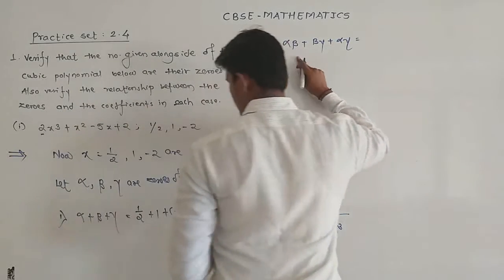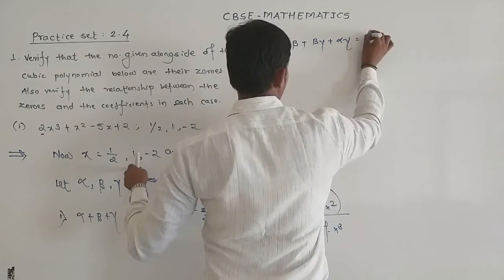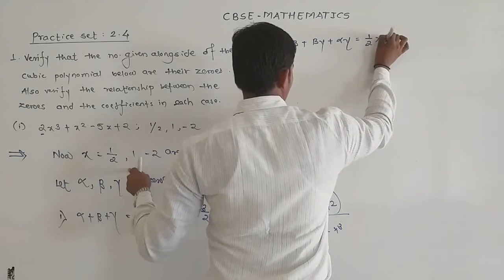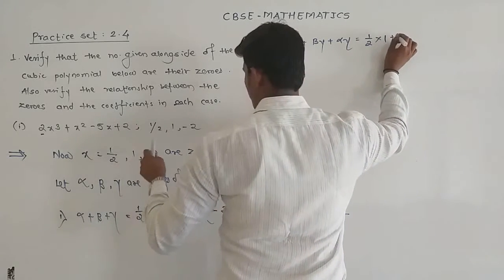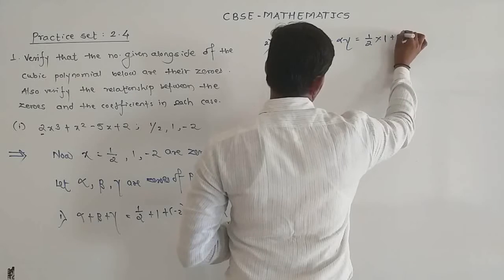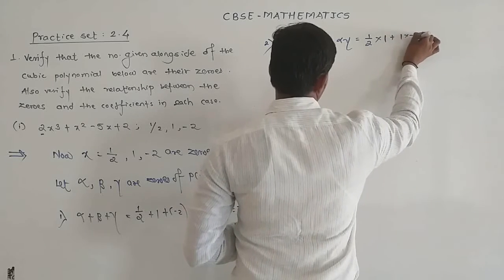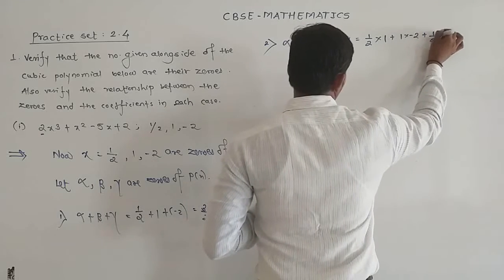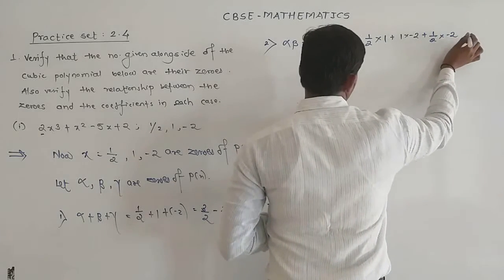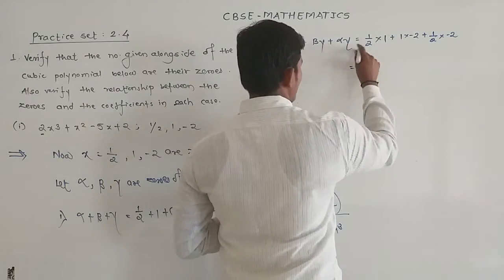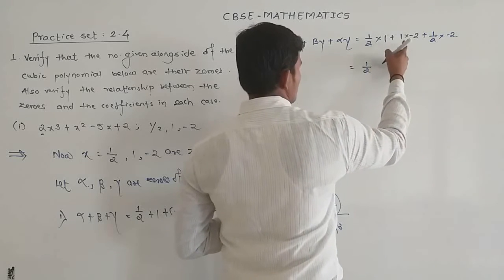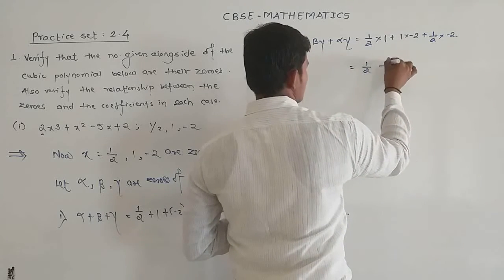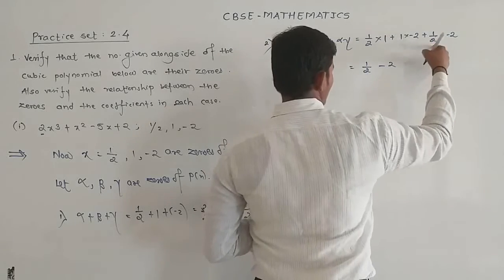So the value of alpha is 1 by 2 and the value of beta is 1, beta into gamma, so the value of beta is 1 into minus 2, plus alpha into gamma. So the value of alpha is 1 by 2 and the value of gamma is minus 2. So we get 1 by 2 into 1, 1 into minus 2, minus 2, plus 1 by 2 into minus 2.